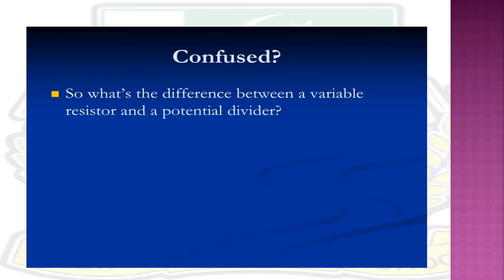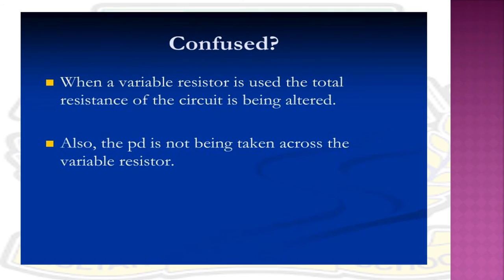Confused? So what's the difference between a variable resistor and a potential divider? When a variable resistor is used, the total resistance of the circuit is being altered. Also, the potential difference is not being taken across the variable resistor.